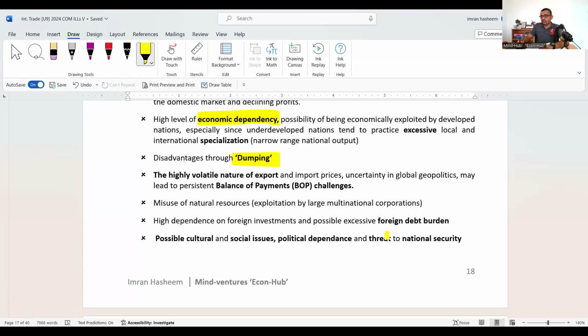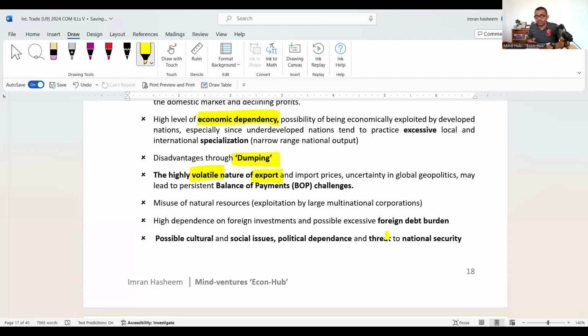Then highly volatile. You guys understand the word, right? Volatile, unpredictable, a lot of fluctuations. Volatile nature of exports. The demand we get for our exports is very undependable, very volatile, keeps changing. Sometimes with a small increase in the prices of our exports, we could lose the entire market or demand for that product. When that happens, again, it comes back to that economic dependency also.